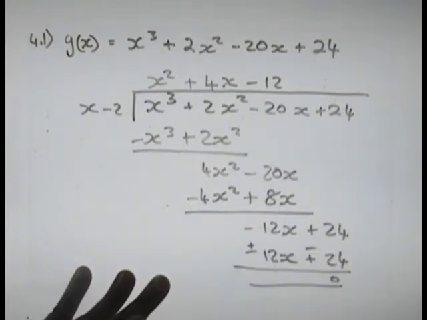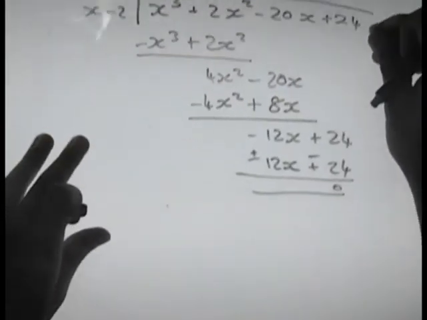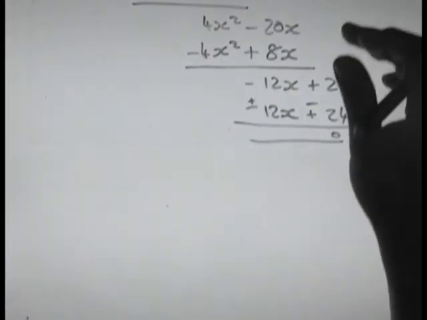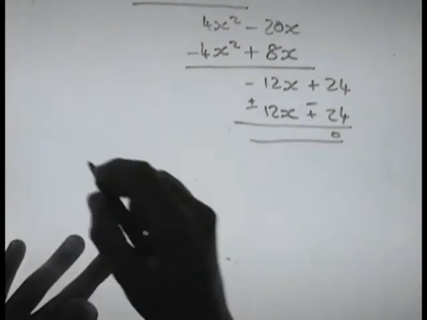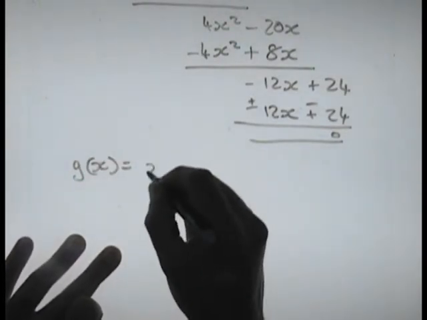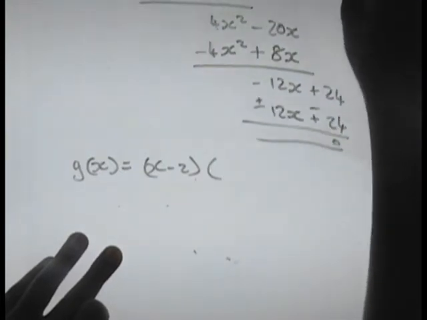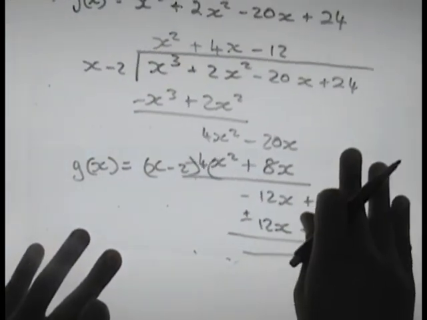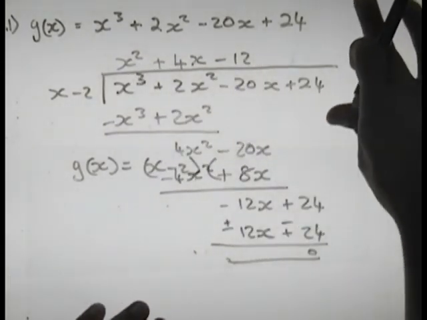Yes, it does. That means that g of x is equal to x minus 2 multiplied by x squared plus 4x minus 12.